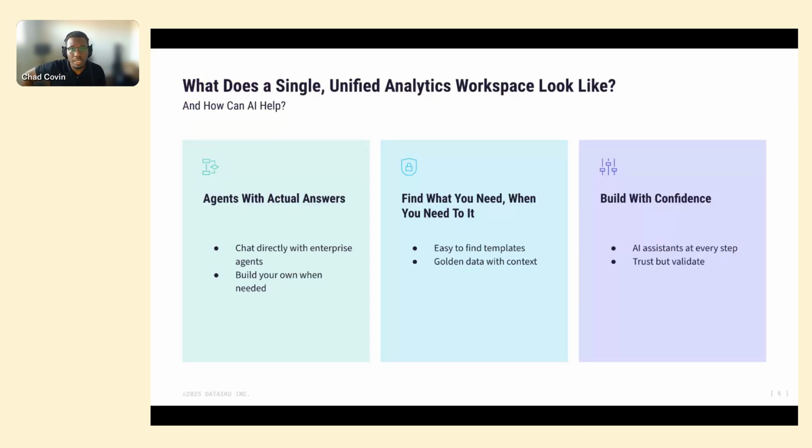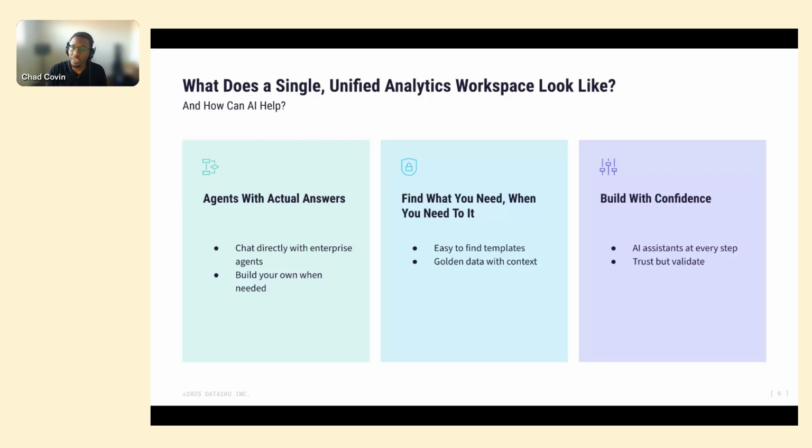So, what exactly does that look like when you bring everything together? It really comes down to three core capabilities that work together. For one, your agents will be giving you actual answers. Not just chatbots that are pointing you to documentation, but AI agents that can connect directly to your enterprise data and give you real insights.